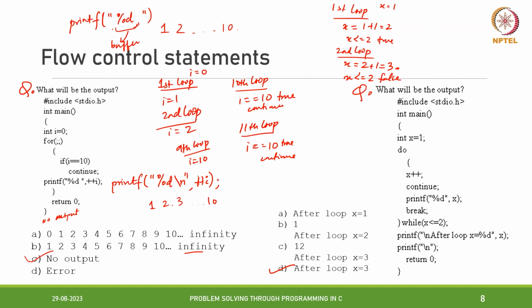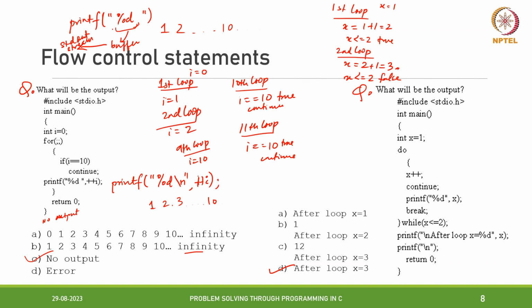From the buffer it will go to the stdout stream, and only when it goes to the stdout stream will it appear on your screen. So whatever characters you are printing will go to a buffer, and from this buffer it will go to the stdout stream, and only then will it appear on your computer screen.